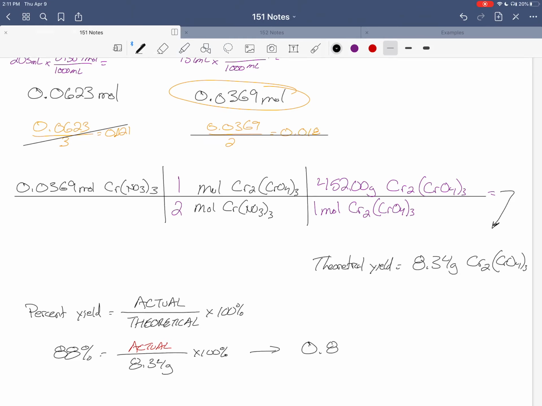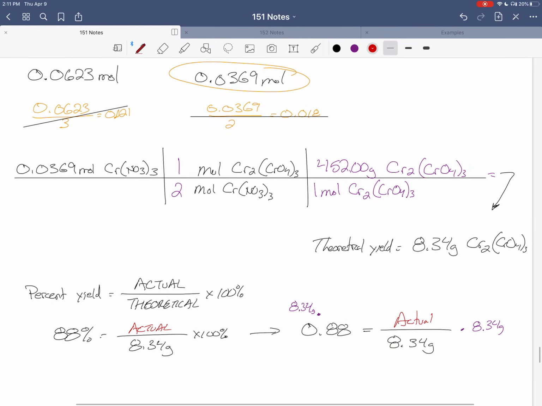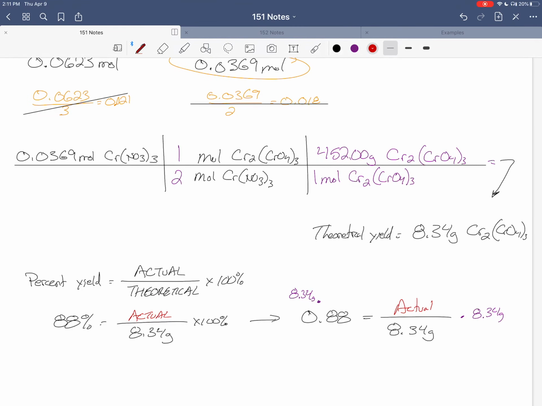I get 0.88 equals my actual over 8.34 grams. I'll multiply both sides by 8.34 grams. All right, and then the actual ends up being, give me a second to type in the calculator, 7.34 grams of Cr2(CrO4)3, chromium 3 chromate.